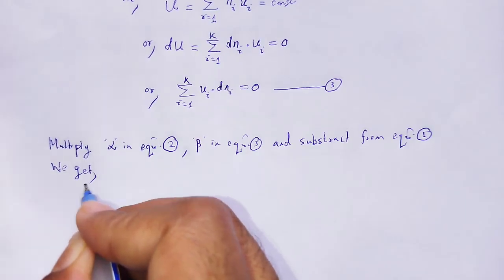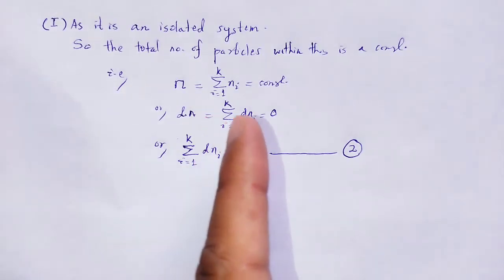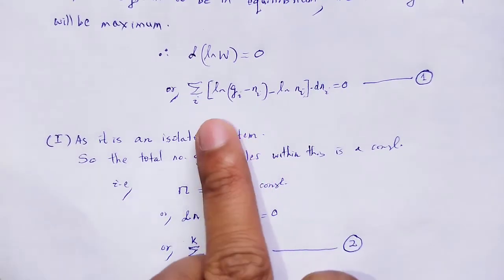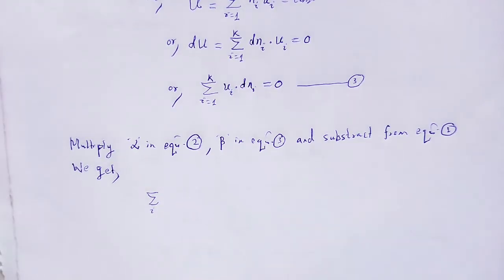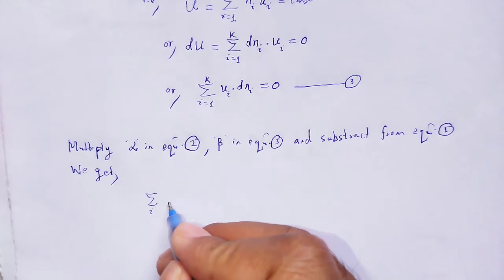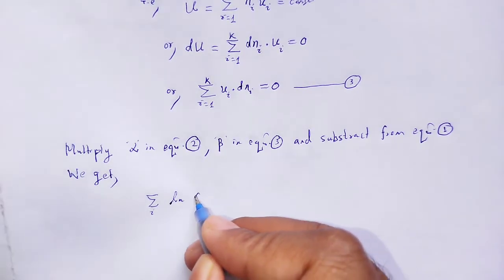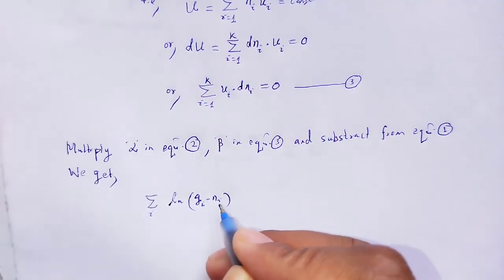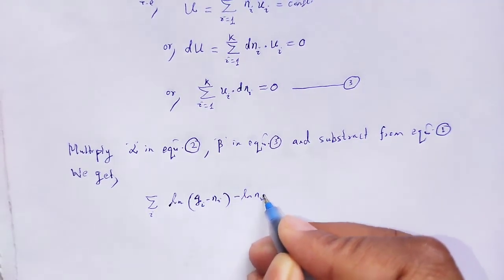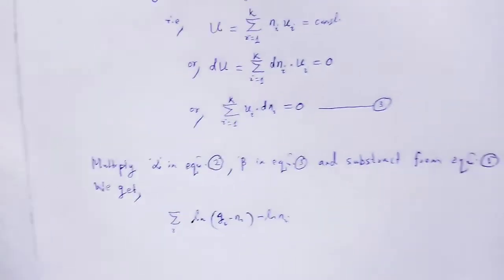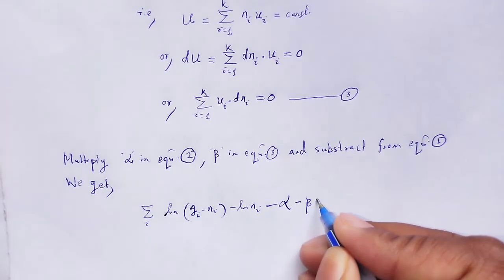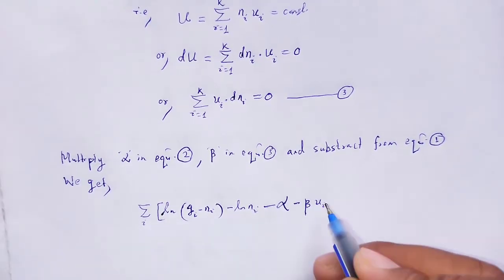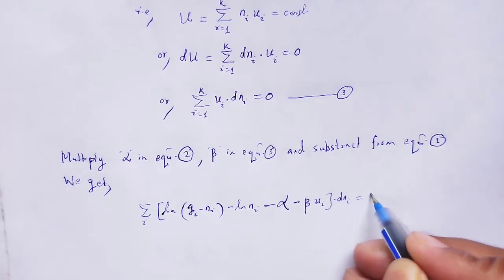From equation number 1 we get summation over i of [ln (Gi minus Ni) minus ln Ni, minus alpha, minus beta Ui] with dNi common, equal to 0.